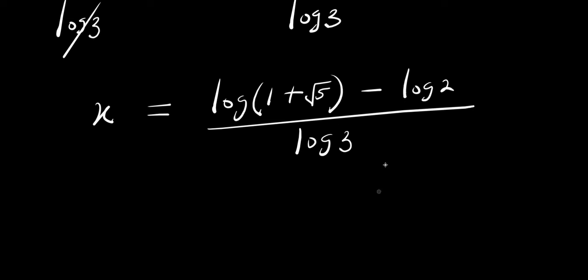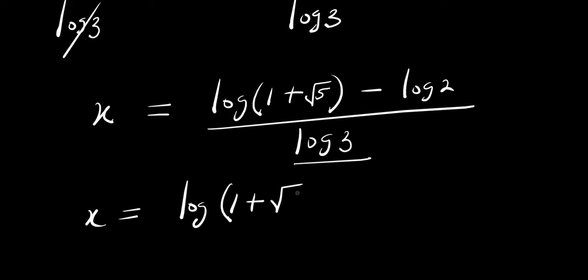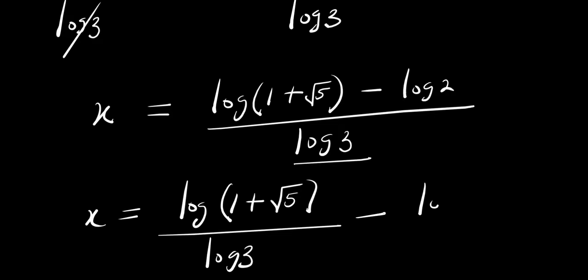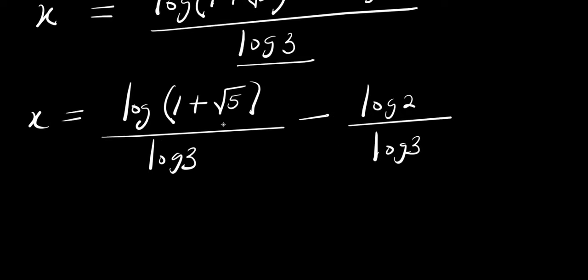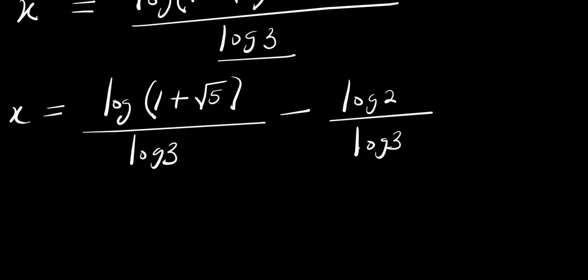I can divide each of these by the common denominator. So I can have x equals log of 1 plus root 5 divided by log 3, minus log 2 divided by log 3. Now let's consider this last identity.